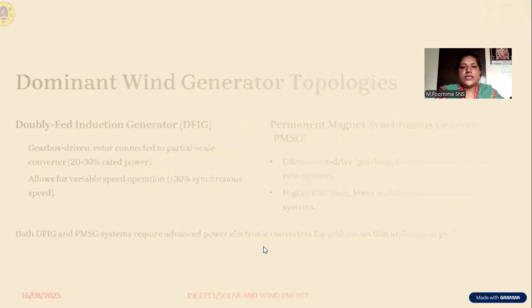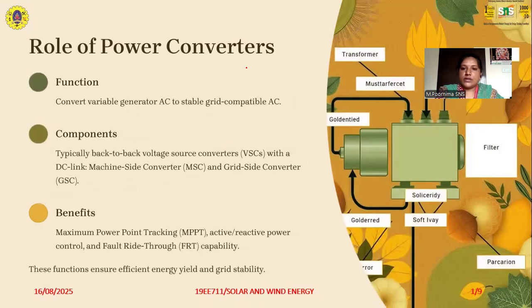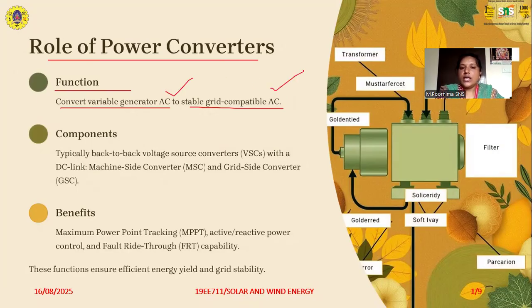Now here come the roles of power converters. What are the main functions of power converters? The converter changes the variable generated AC to stabilized grid-compliant AC. First we convert AC to AC, that is variable AC to fixed AC. Next are the components. Typically back-to-back voltage source converters with a DC link are important, with machine side converters and grid side converters.